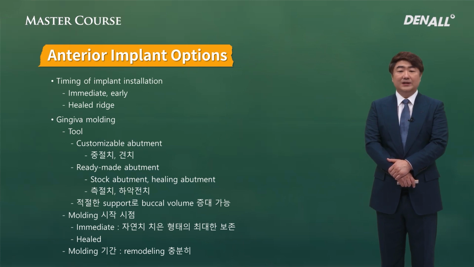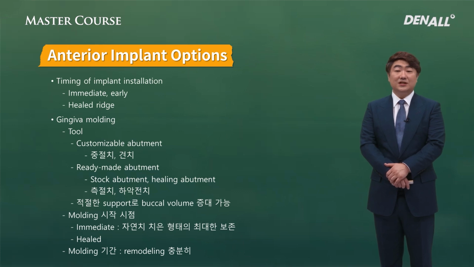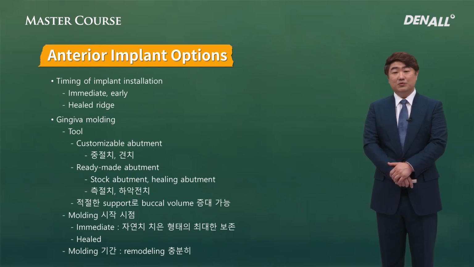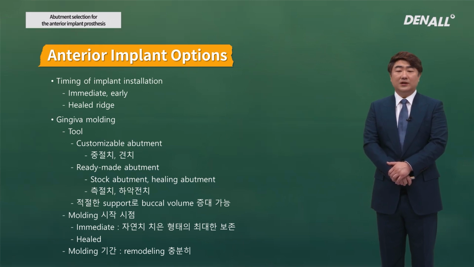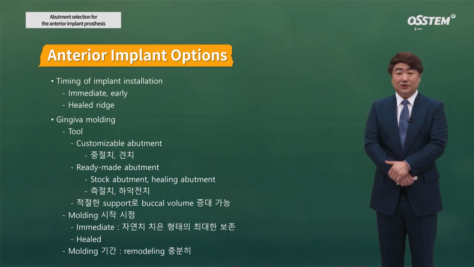For smaller teeth like the lateral incisor or the anterior lower part, a ready-made abutment sometimes is sufficient, and if sufficient gingiva molding tools or screwed abutments are used, it helps buccal volume increase. Now in the gingiva molding starting point, using gingiva molding tools and screw abutments also helped with buccal volume increase.